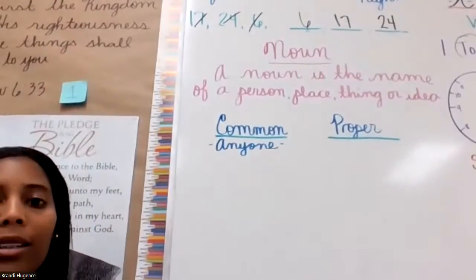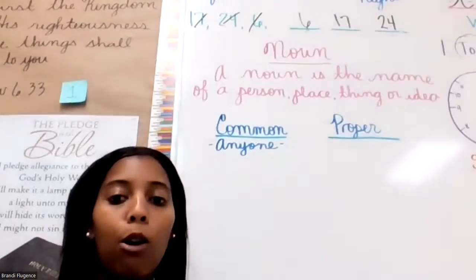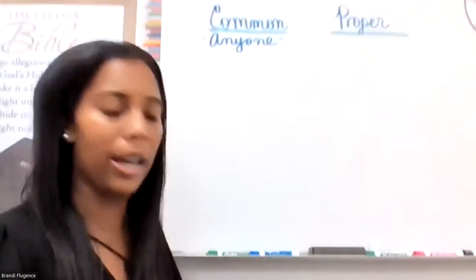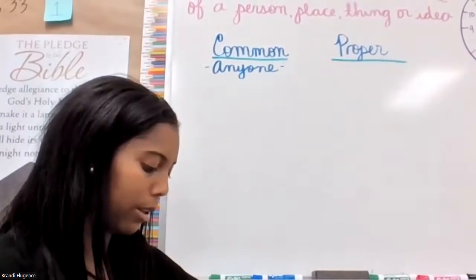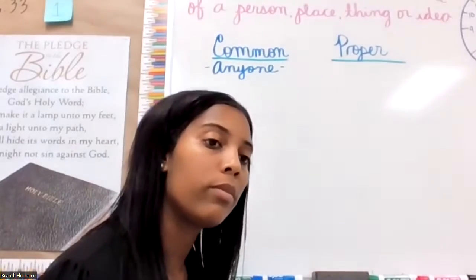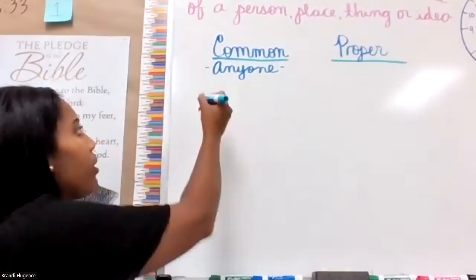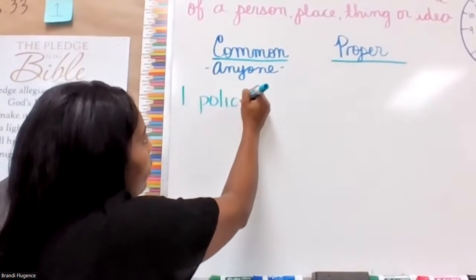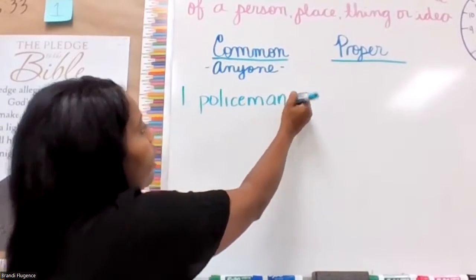Okay, who remembers some of those names we discussed last week? Common nouns of people, meaning anyone can have this name. We talked about a few last week. Okay, we said policeman. What's another one?